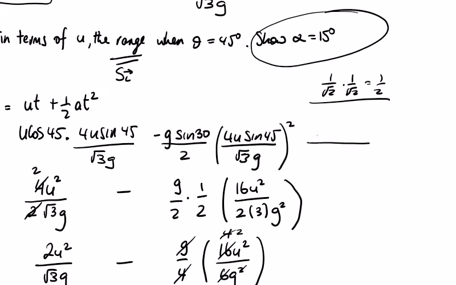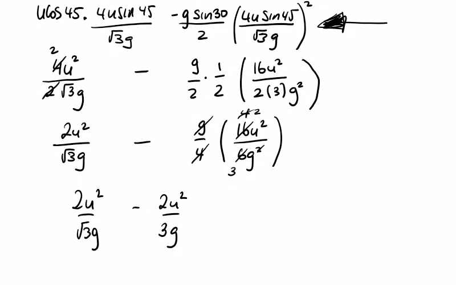So if alpha is 15, the distance has to be the same. They land at the same point. So we're just replacing 45 with 15 in here. So let's draw that out. So we're going to get u cos 15 by 4u sine 15 over root 3g.